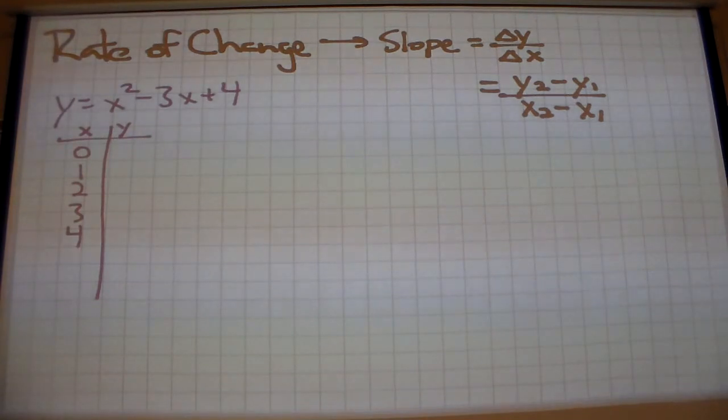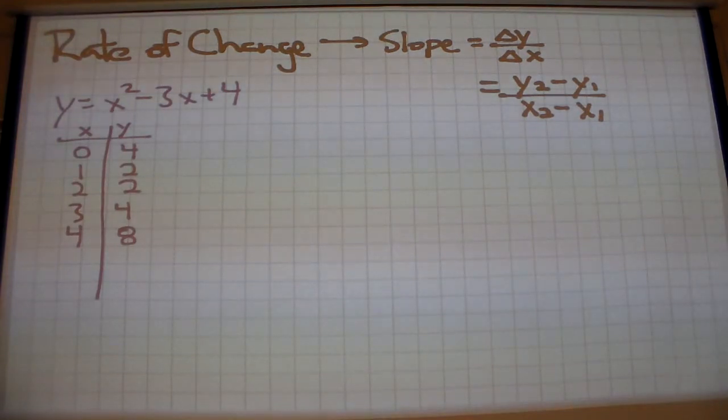So 0, it hits 4. 1, it hits 2. 2, it hits 2. 3, it hits 4. And 4, it hits 8. So I went through, plugged them in already. Okay, I plugged in x values. I got the y values as a result.